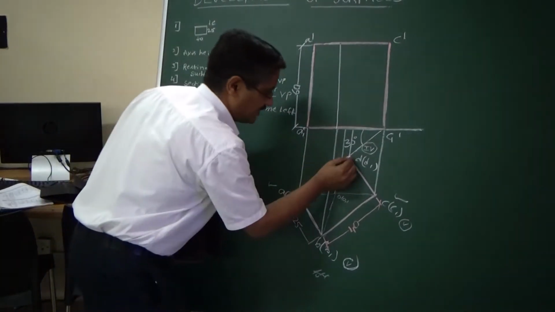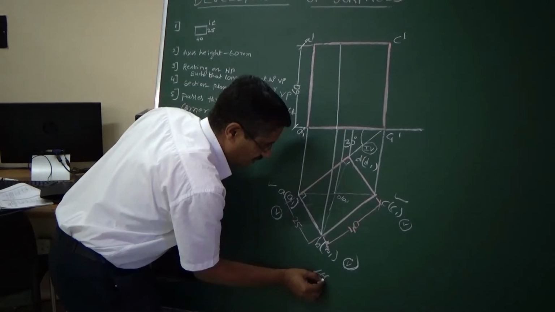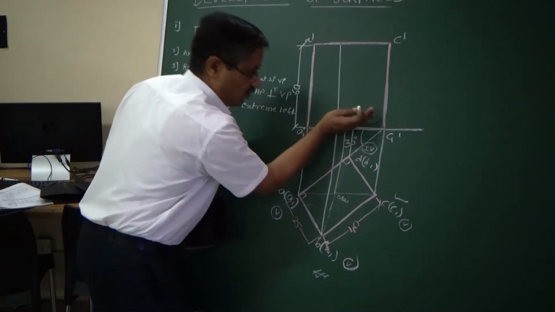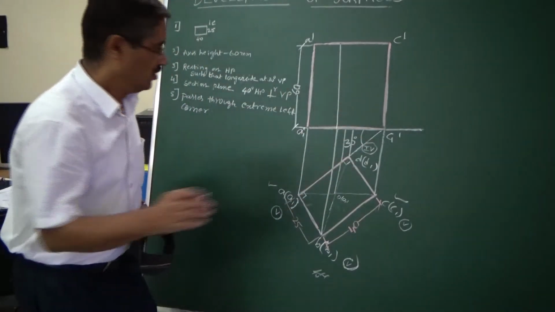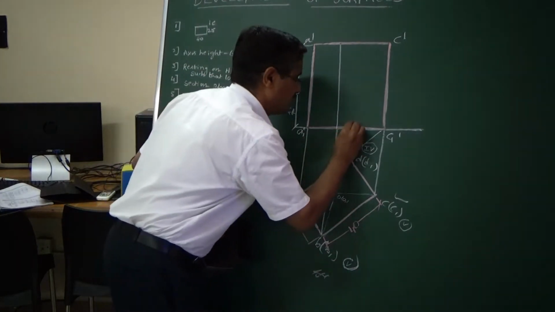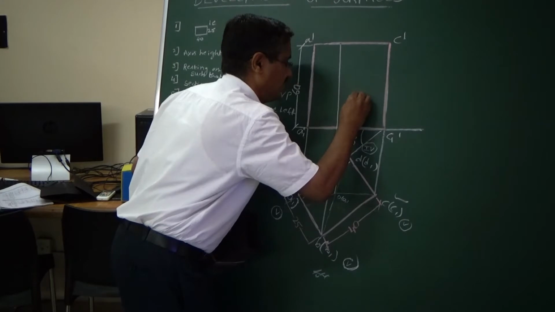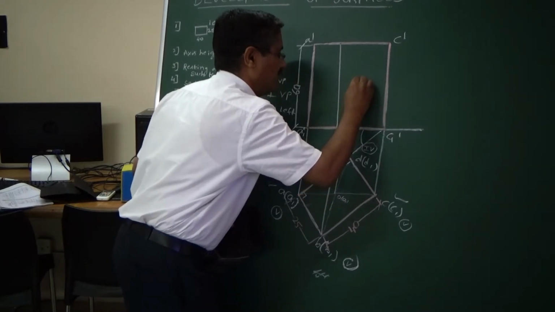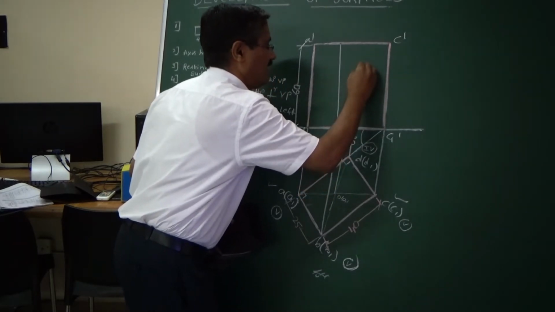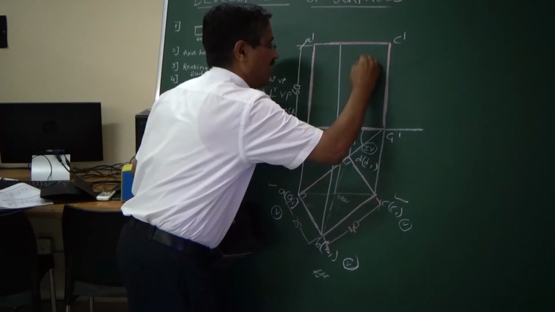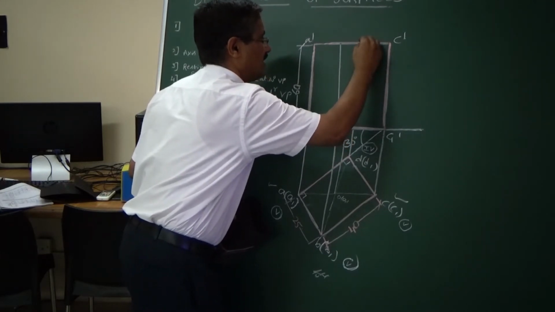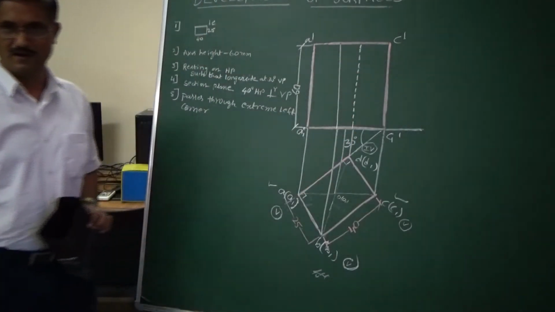DD1 is here, the human eye is here, it is away from the observer, close to the XY line, so it will be a dotted line. You know the procedure for drawing dotted lines. It will be equal lengths with a space in the middle like this. So you have to draw this kind of line for the dotted line.